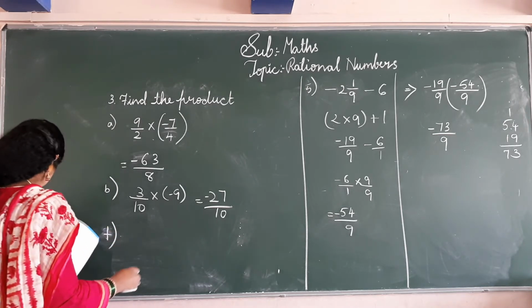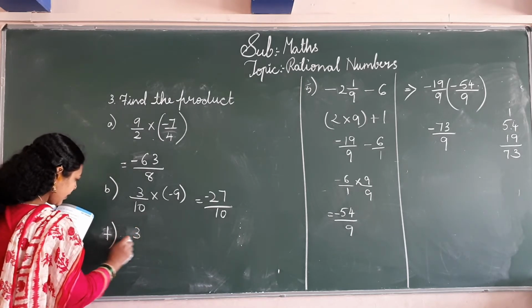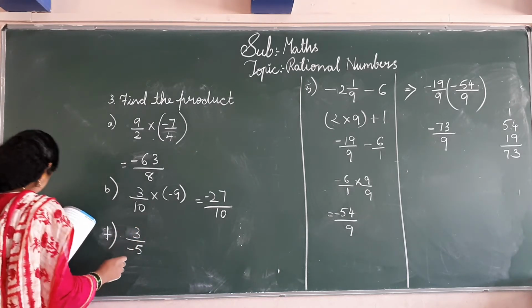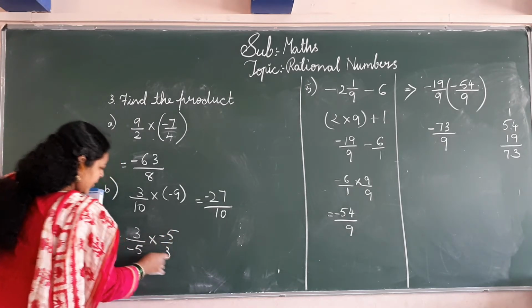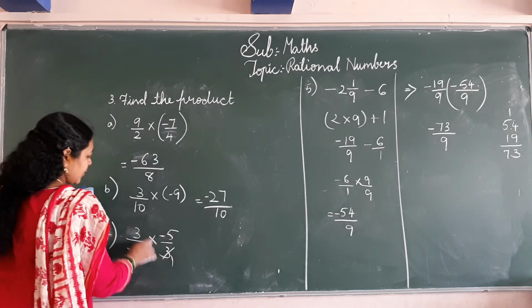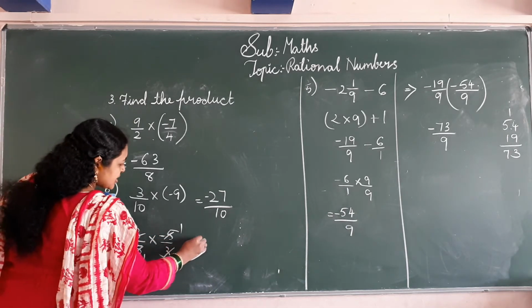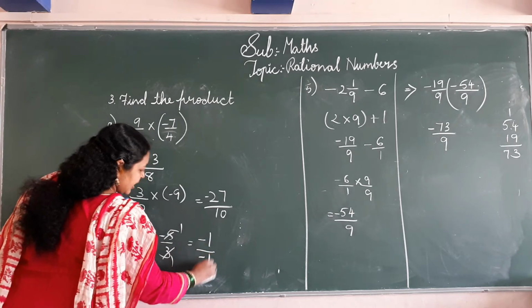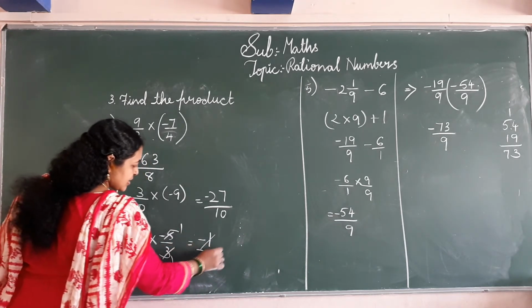F. Okay, it is 3 by minus 5 into minus 5 by 3. 3 ones are 3, 1s are 1. Therefore, it is minus 1 by minus 1. Okay, minus 1 by minus 1 again it is 1.